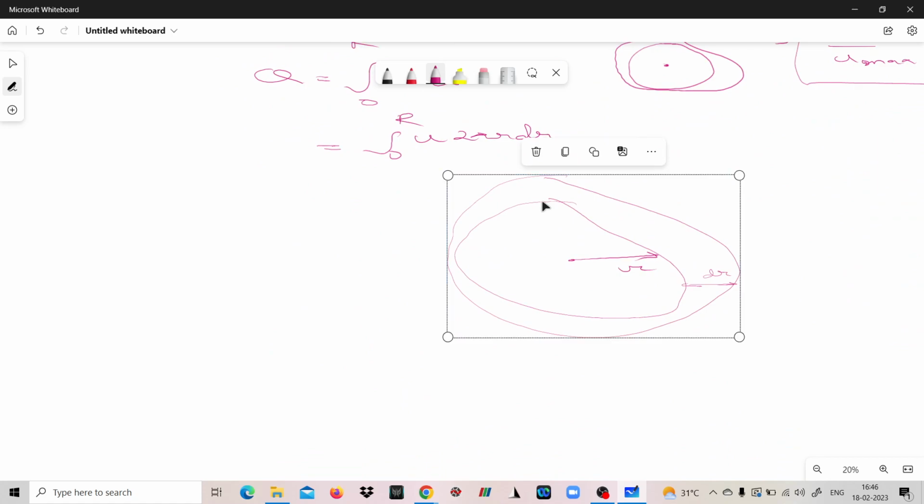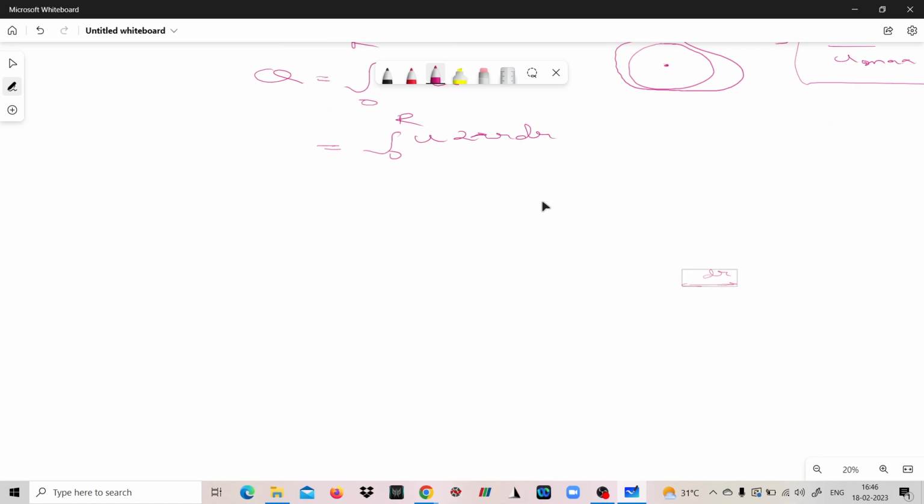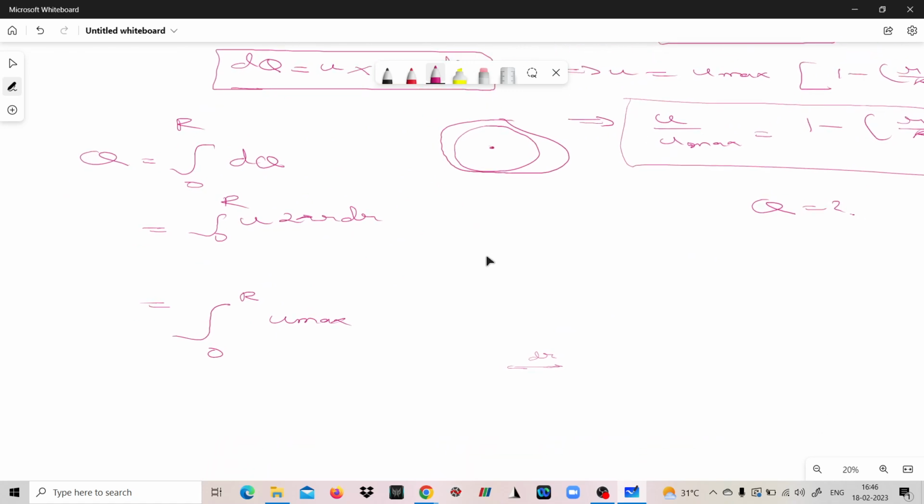Now we have to use the expression for u, which we have already seen: u is equal to u max into 1 minus r square by R square, into 2 pi r into dr.